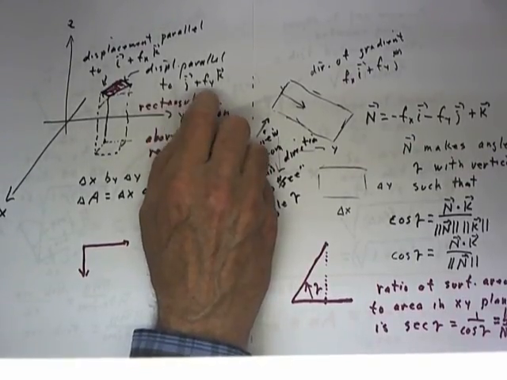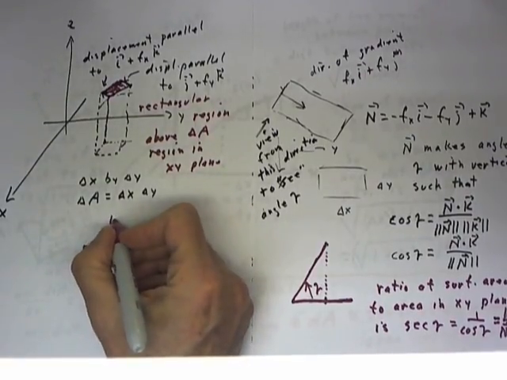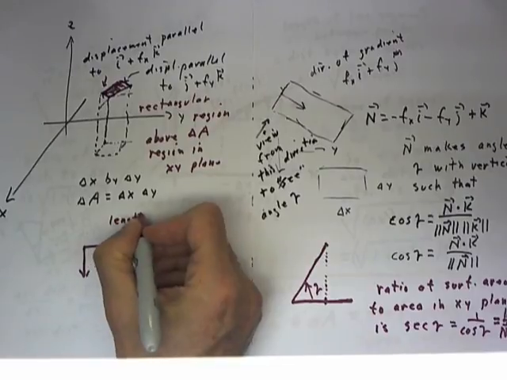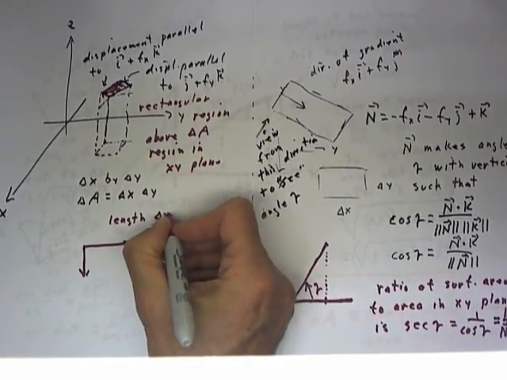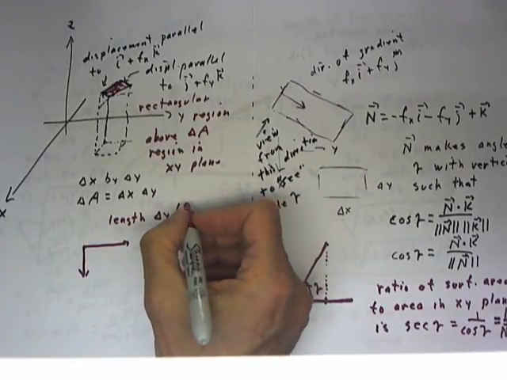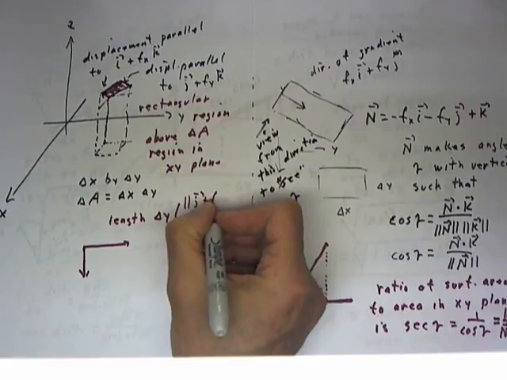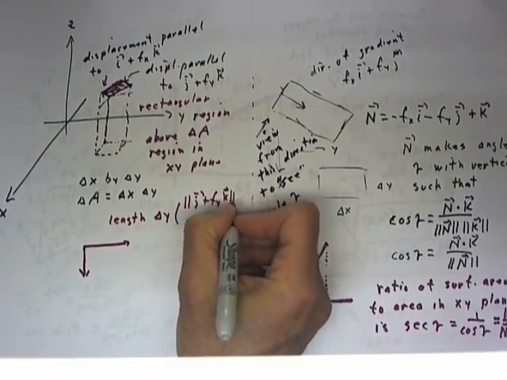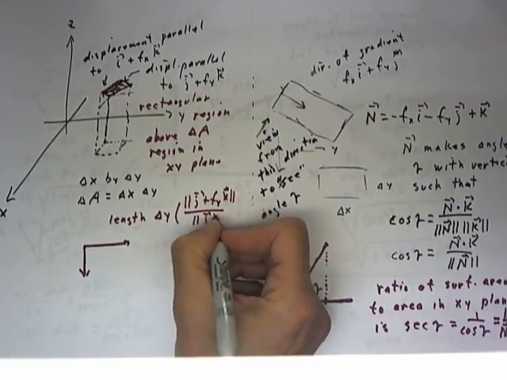We could draw a pair of similar triangles to justify that, but what we find then is that this vector has a length or magnitude that's equal to delta Y multiplied by the magnitude of J plus fyk divided by the magnitude of J.